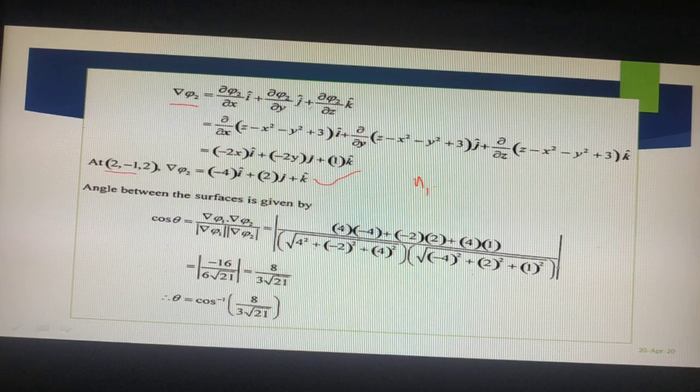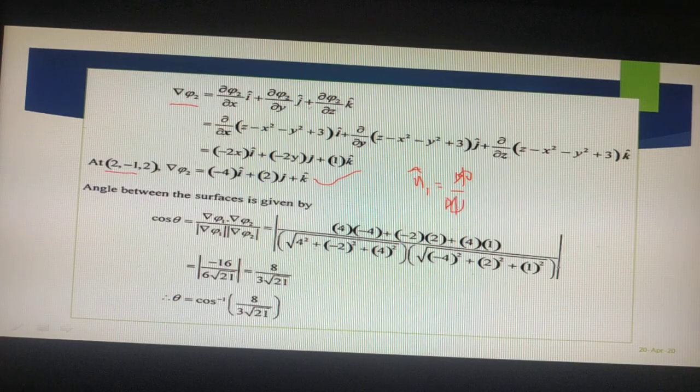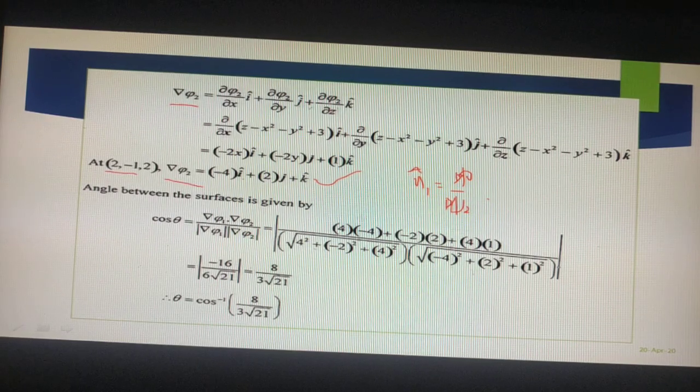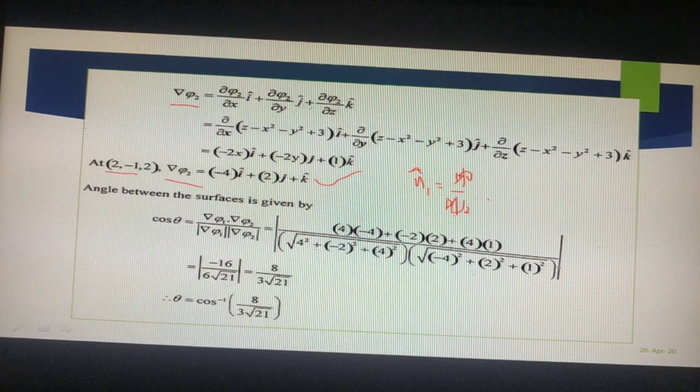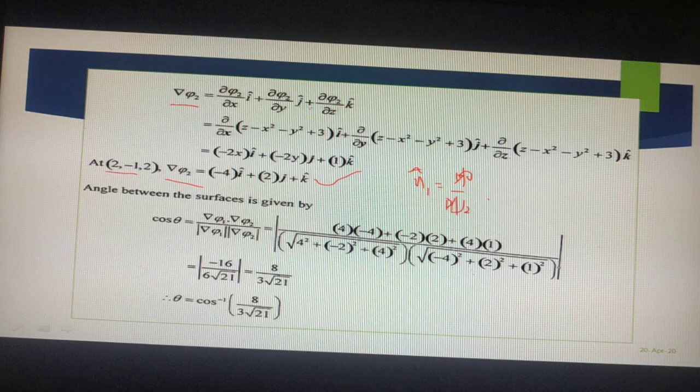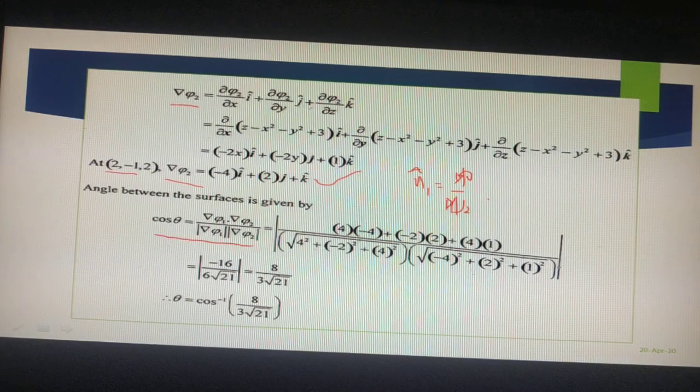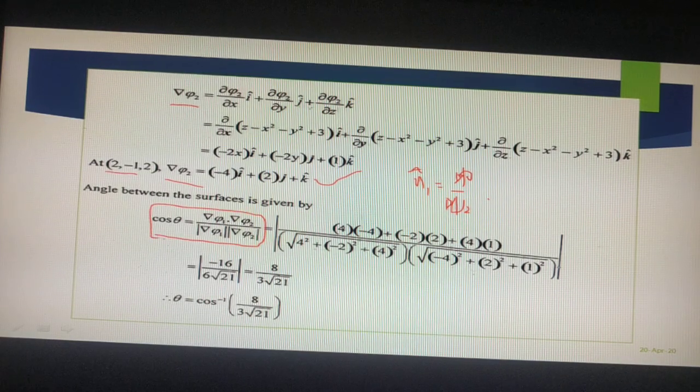Let me take n1 as the unit normal vector: n cap is equal to del pi 1 by mod del pi 1. Similarly n2 for the other surface is del pi 2 by mod del pi 2. This is the formula for the angle between these two surfaces.